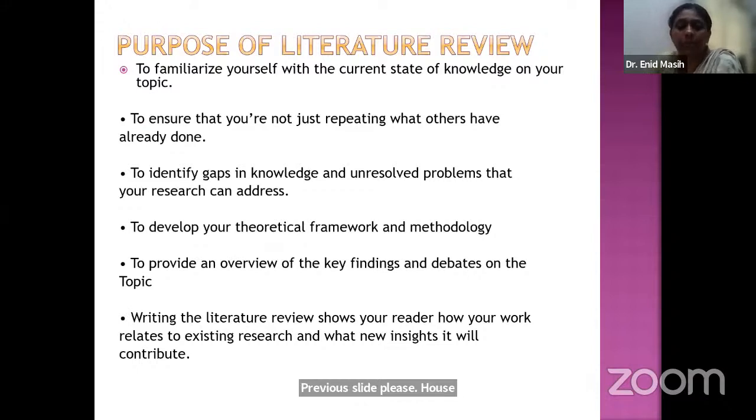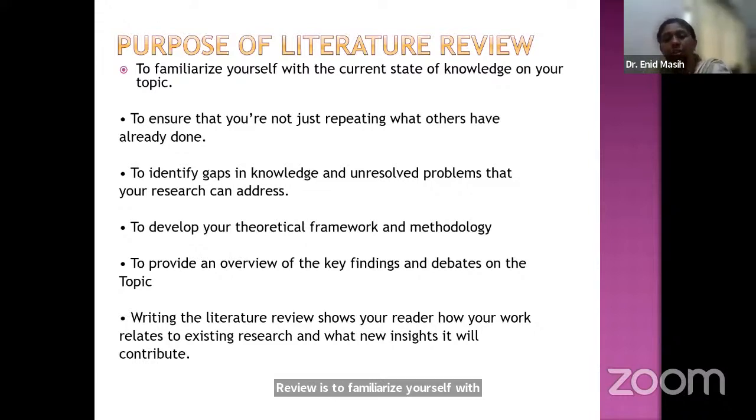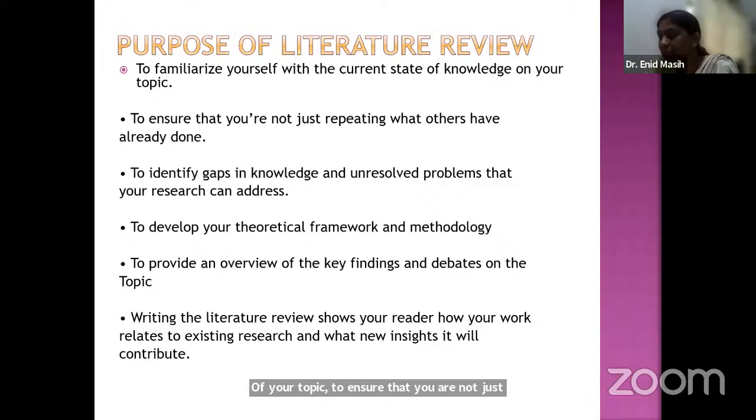The main purpose of a literature review is to familiarize yourself with the current state of knowledge of your topic, to ensure that you are not just repeating what others have already done. This is a big problem we face not only with students but many times with researchers, like PhD scholars, that we just end up repeating what others have already done.